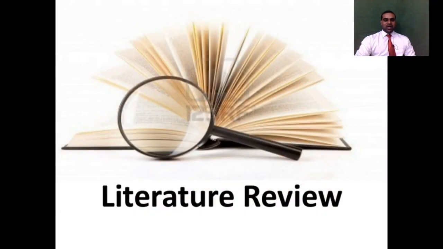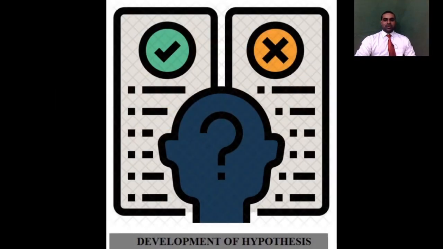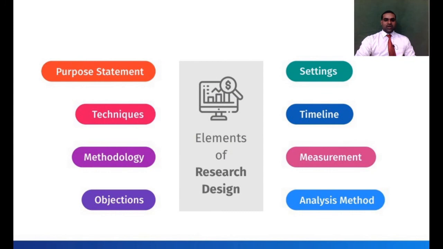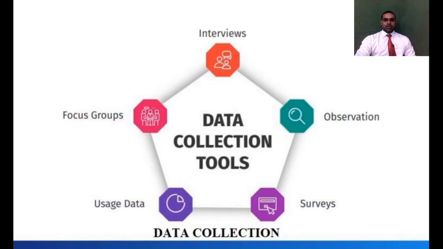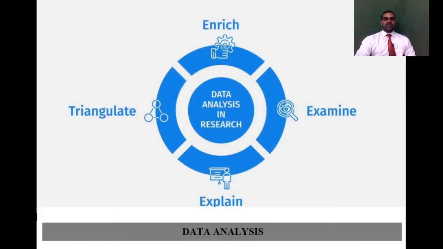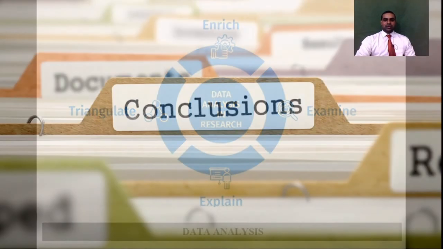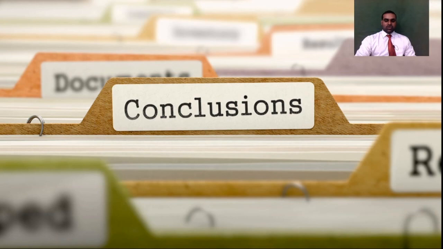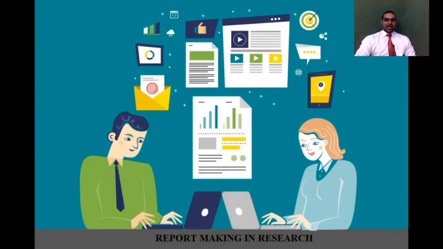The second is review of related literature. The third one is development of hypothesis. The fourth one is research design. The fifth one is data collection. Sixth is data analysis. Seventh is the conclusion. And the last is report making in research.